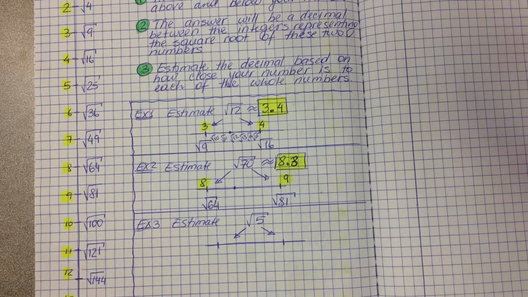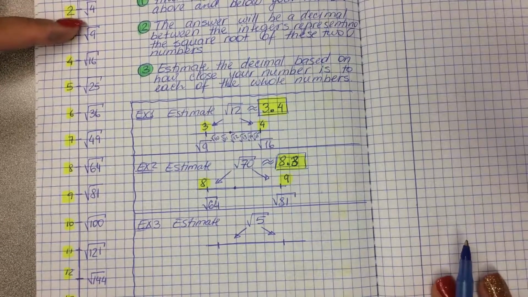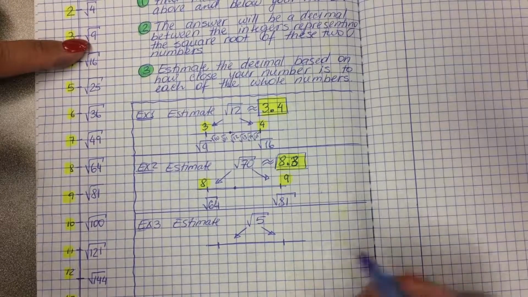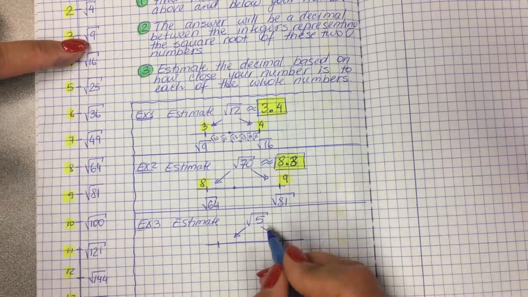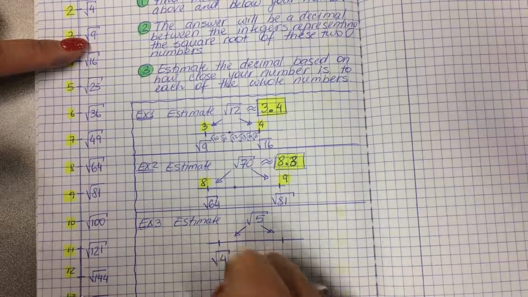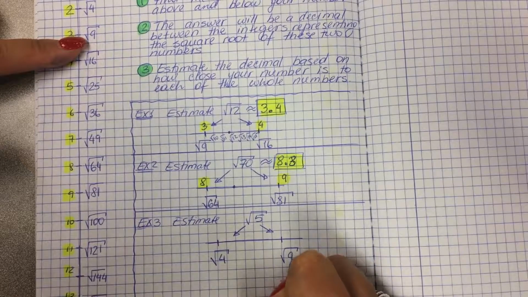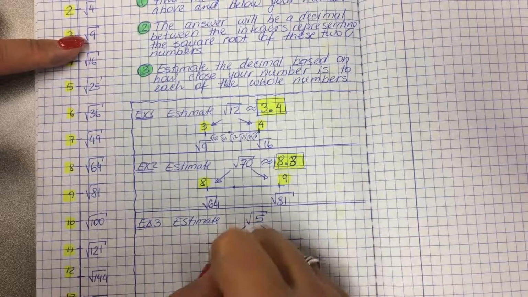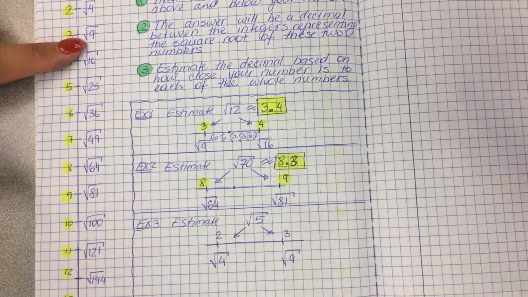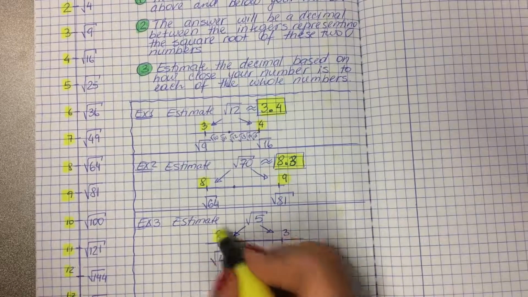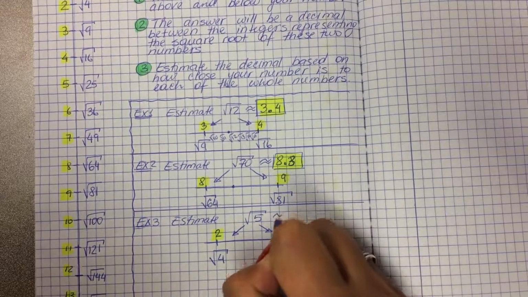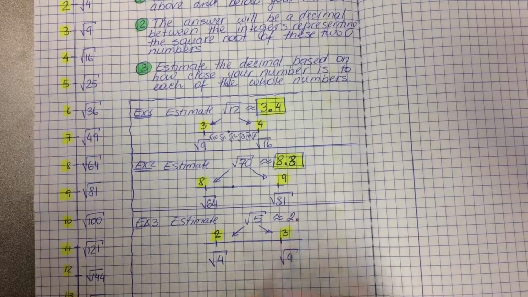So I have square root of 5 over here, which is between square root of 4 and square root of 9. So I can't build a square using 5 units, but I can build a square using 4 units, and I can build a square using 9 units. Square root of 4 will be 2, and square root of 9 will be 3. So my estimate has to be a decimal between 2 and 3, approximately 2 point.